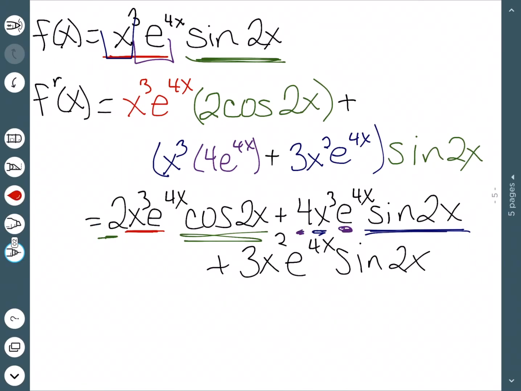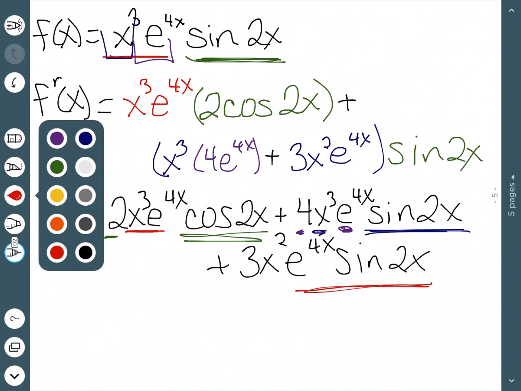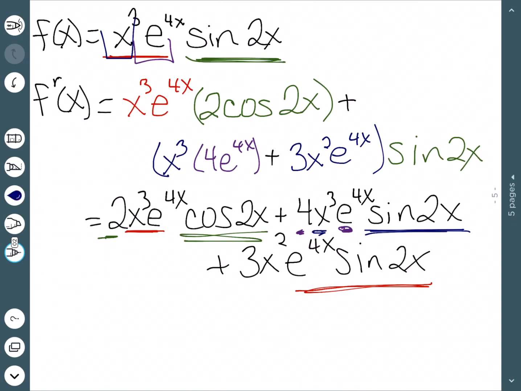My last one has an e and a sine, and a derivative of x cubed. So essentially, whenever we have a multiple product, we're going to take the derivative of each term individually and multiply it by the other functions. So we take the derivative of one, multiply it by everything else, the derivative of the second, multiply it by everything else, and the derivative of the third, and multiply it by everything else.